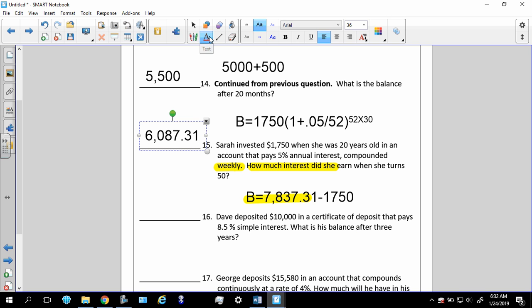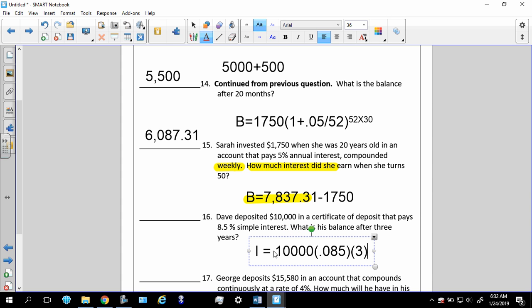All right, Dave deposited $10,000 in a CD that pays simple interest. All right, so this is another simple interest formula. So that's going to be I is equal to $10,000, parenthesis, 0.085, close parenthesis, after 3 years times 3. All right, so when I do that, I get an answer of $2,550.